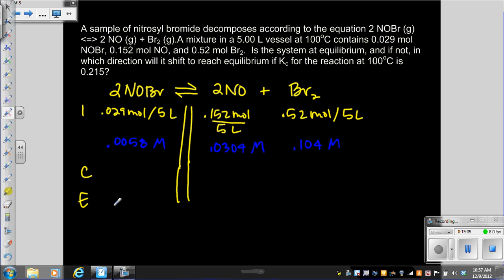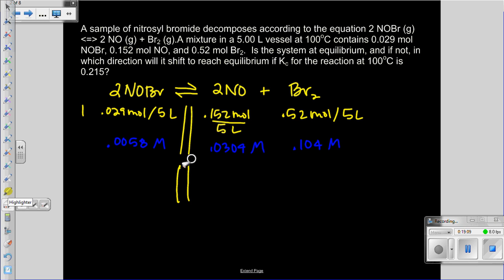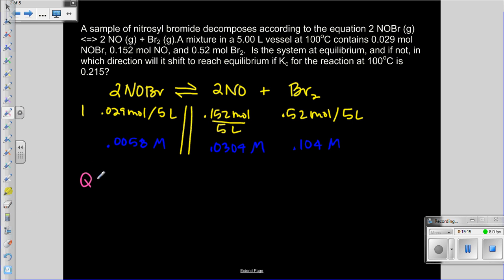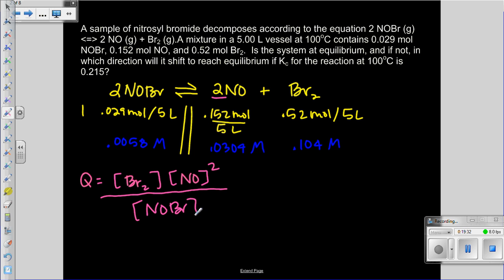So what I want to do is write Q, and I'm going to erase these because in this example I'm not asked to find equilibrium concentrations. So Q, write it the same way as I would K. It's going to be equal to concentration of bromine times concentration of NO, squared because it has a coefficient of 2, divided by concentration of NOBr squared.